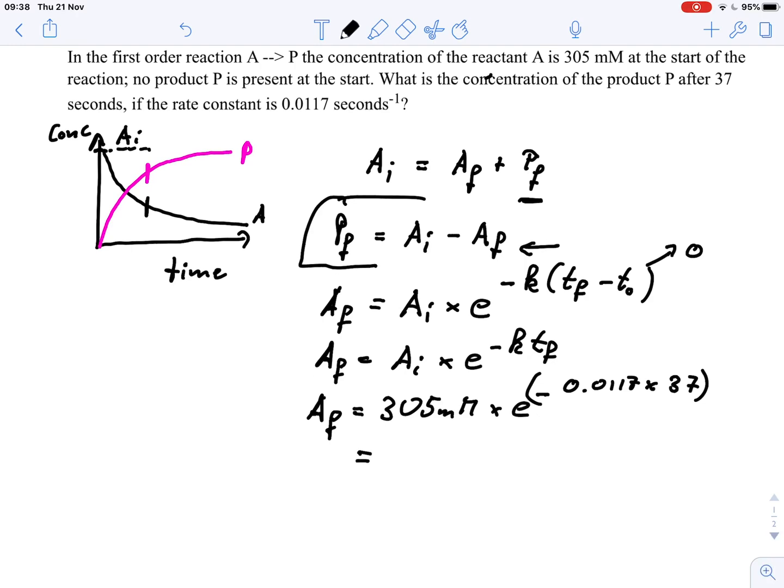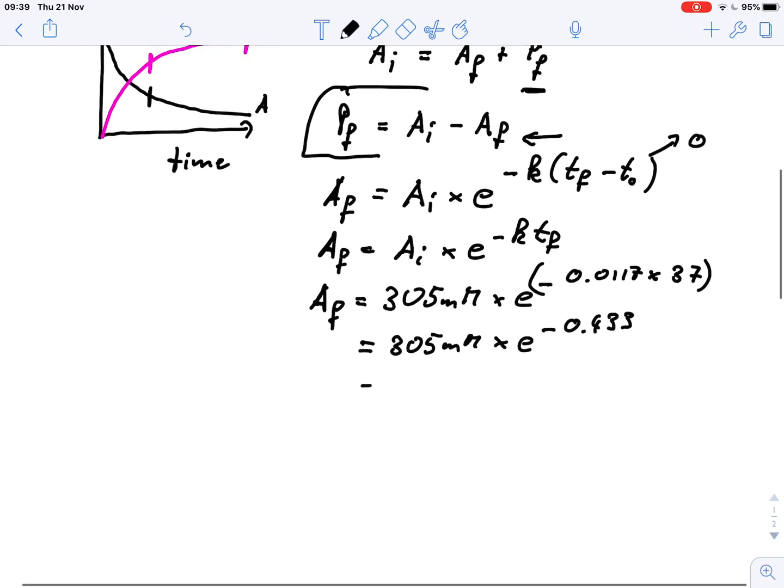So if we put that in the calculator, that is 305 millimolar times e to the power of negative 0.433, something like that.